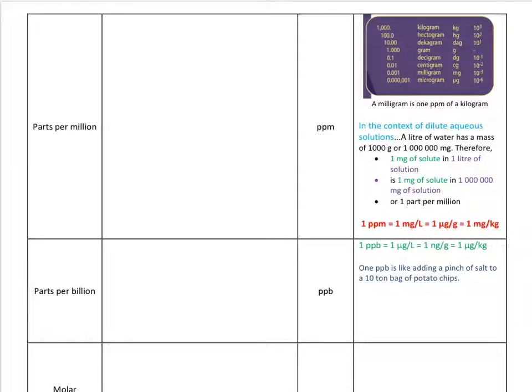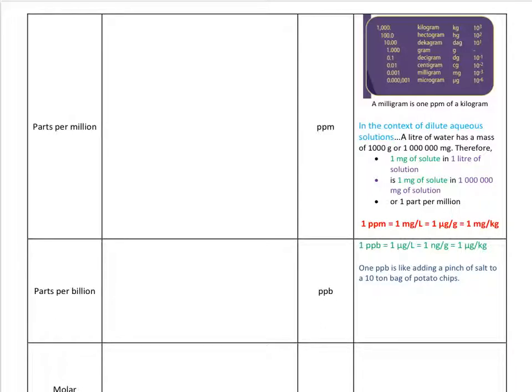The idea of a part per million says that a milligram is 1 ppm of a kilogram. So in 1 kilogram there are 1,000,000 milligrams, and so 1 milligram would be 1 part of those million parts.